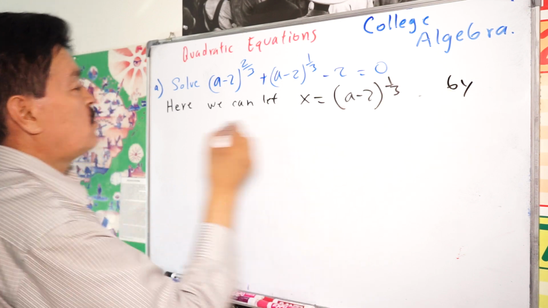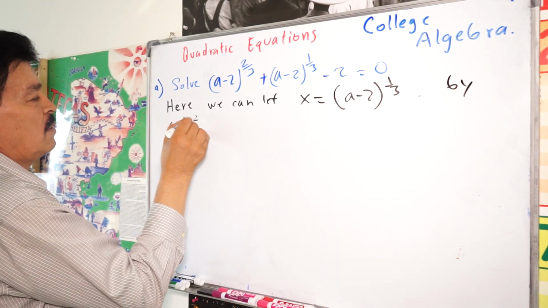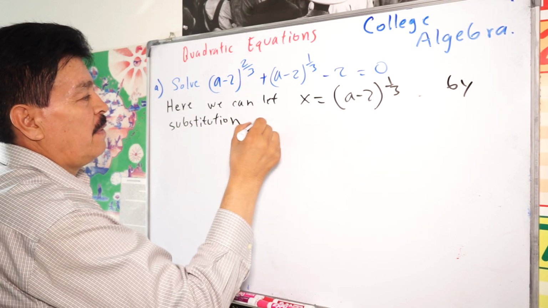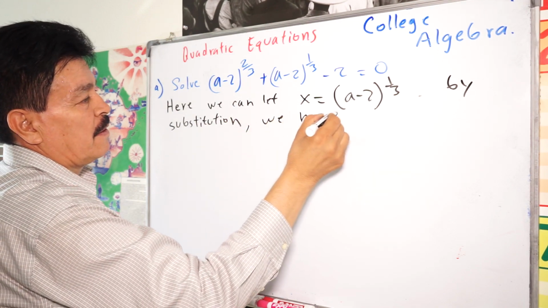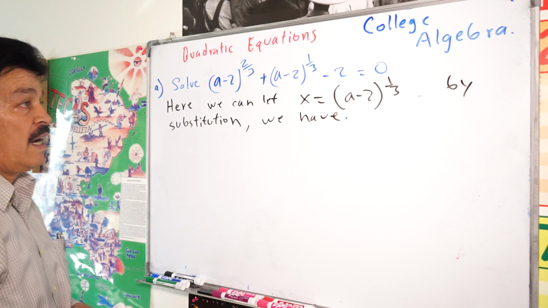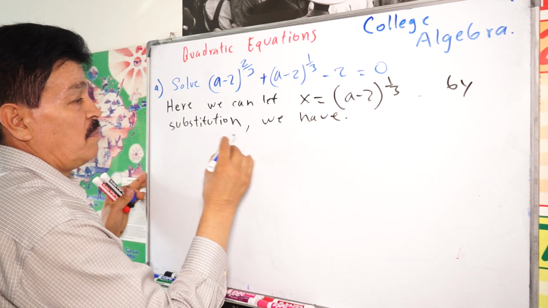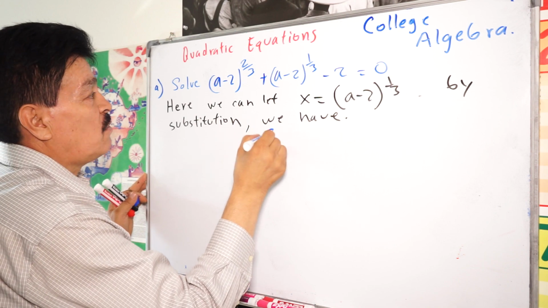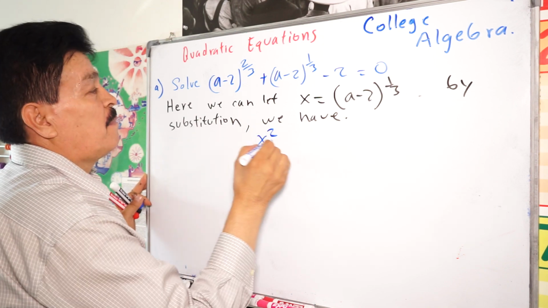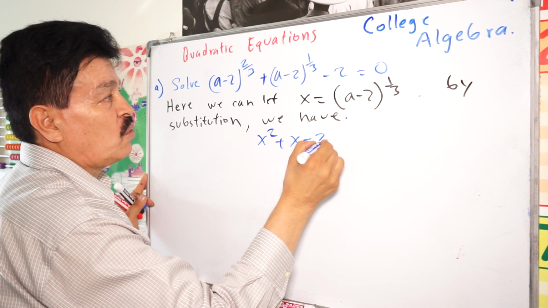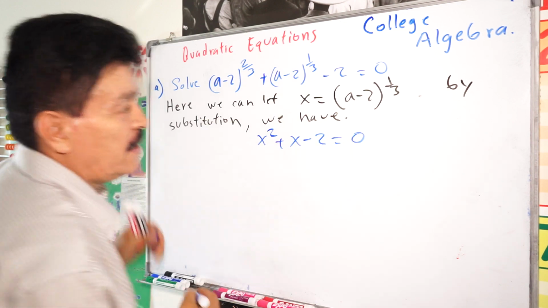By substitution, you simplify the equation, you're going to have x squared plus x minus 2 equals 0, right?